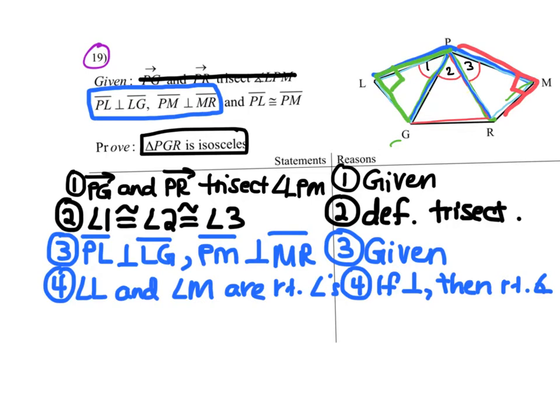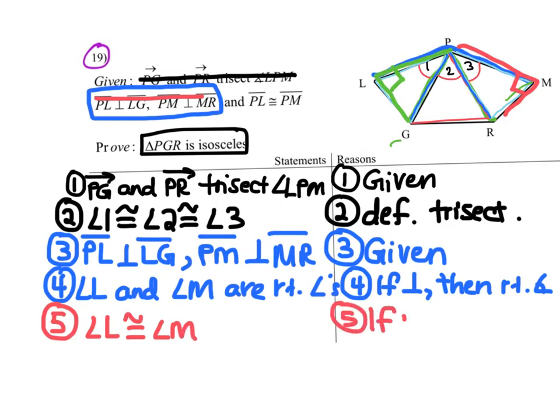All right, cool. So now I've used these givens. Let's talk about how I'm going to prove this. We're going to go ahead and say that those right angles are congruent. Most of the time, you need to actually state that the right angles are congruent. Angle L is congruent to angle M. The reason is if right angles, then congruent.